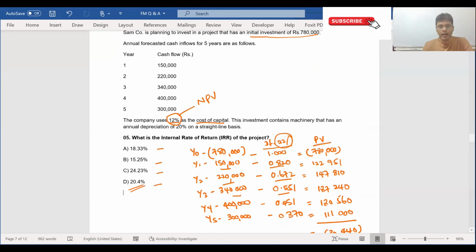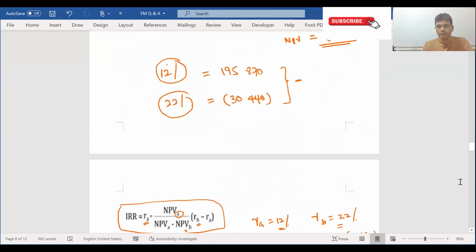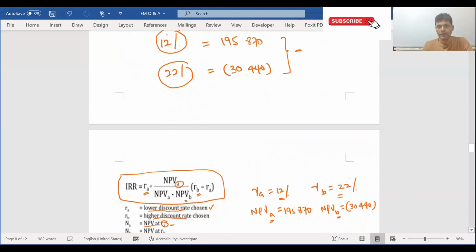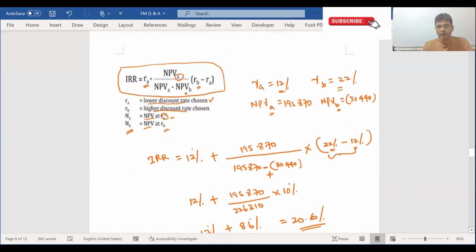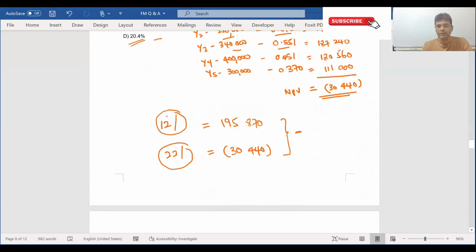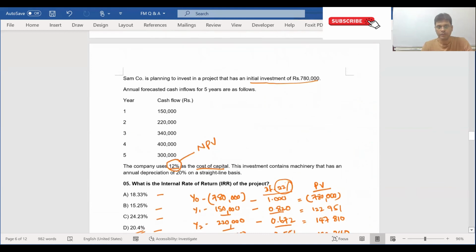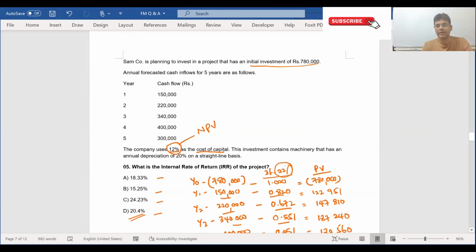So therefore, the answer is D. The answer should be D because we are getting 20.6, which is close to 20.4. So the correct answer is part D. So this is the answer for the final question, which is the internal rate of return.